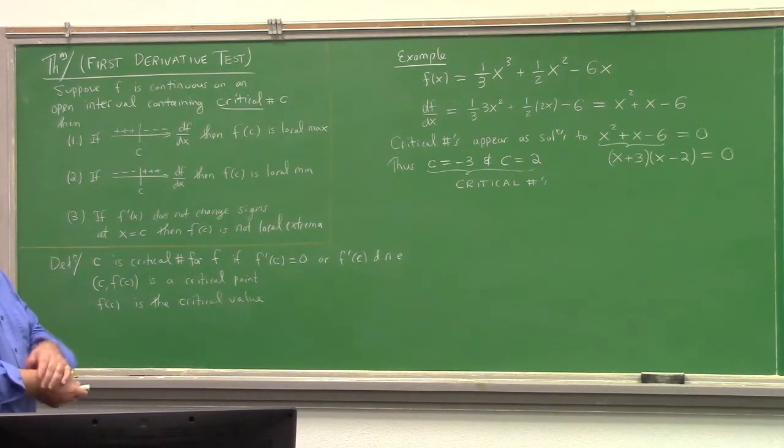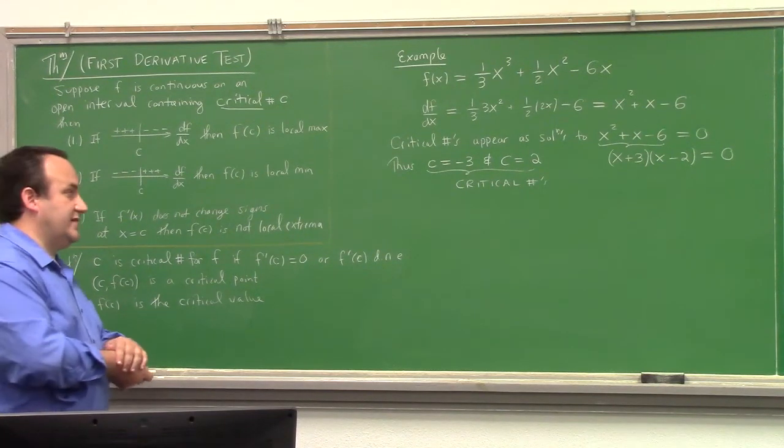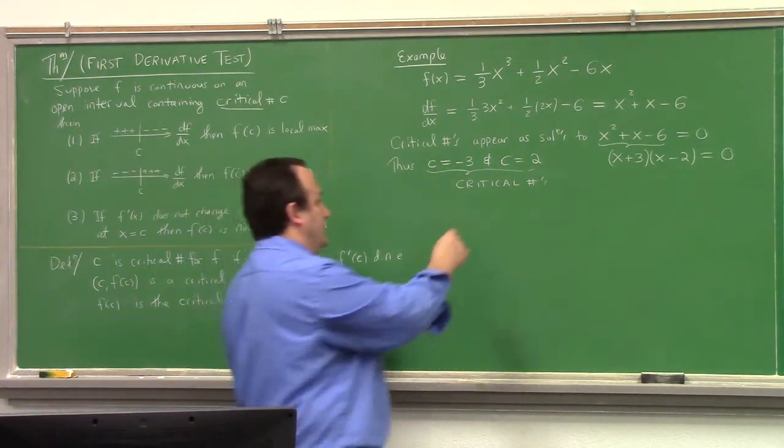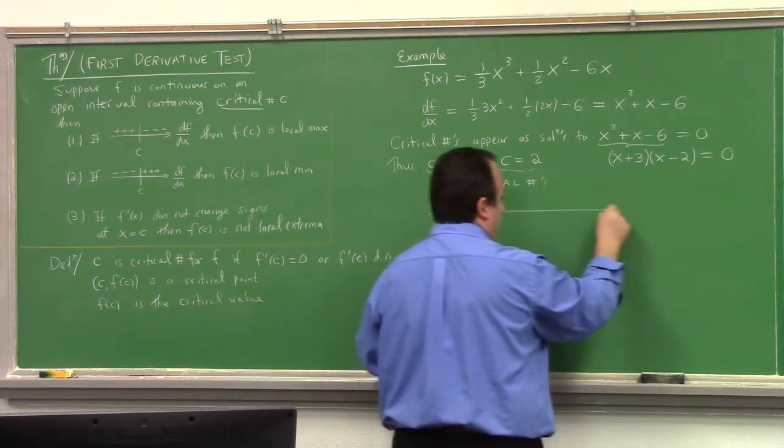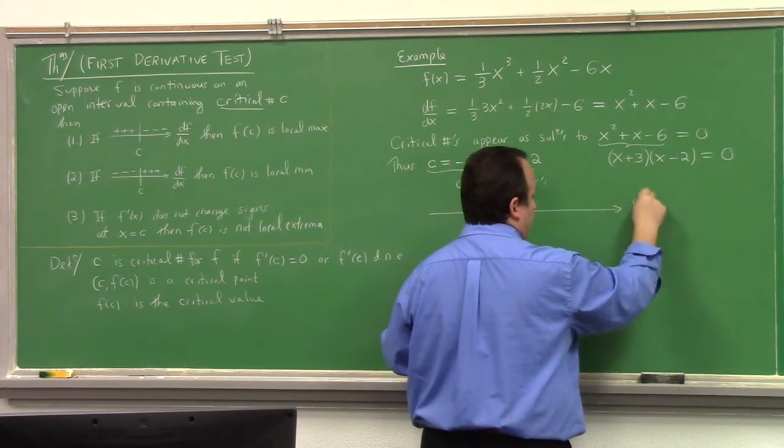Once we find the critical numbers, we draw the sign chart for the derivative. That will show us where it's increasing, where it's decreasing. And we can also apply the first derivative test to decide whether we have a max or a min at 2 and minus 3. So here's the sign chart for the derivative.